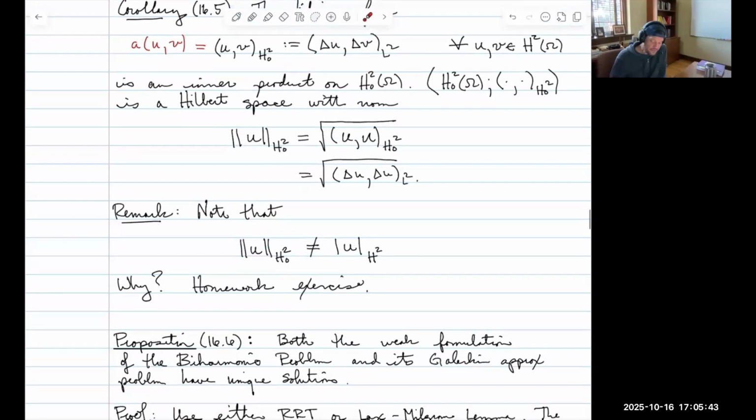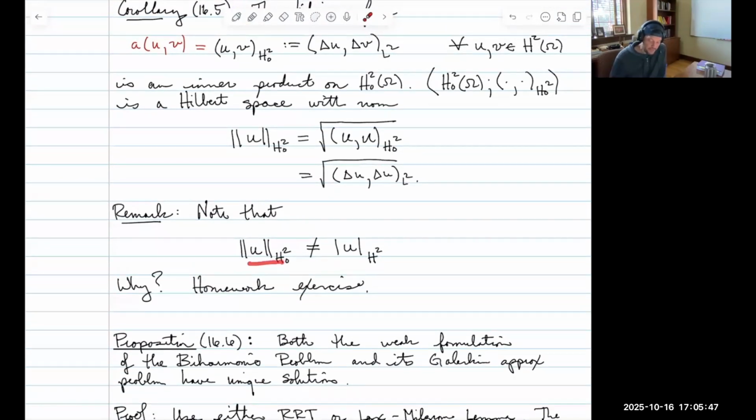But it is interesting that this norm that I just created is not equivalent to the H2 semi-norm. That was different in the world of H1, where the norm that we defined was equivalent to the H1 semi-norm.